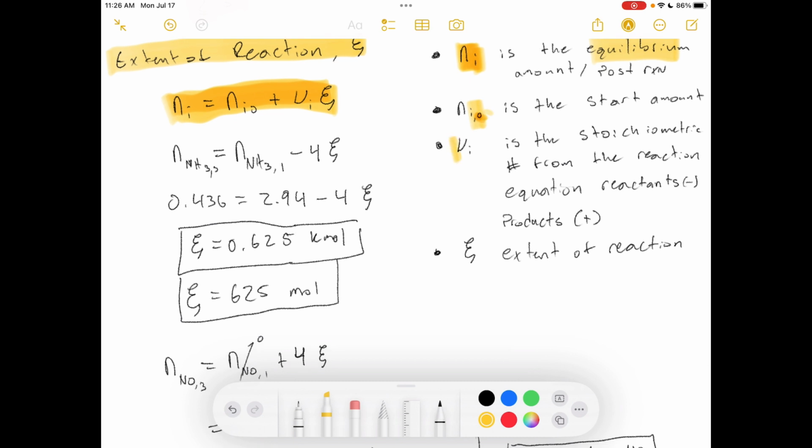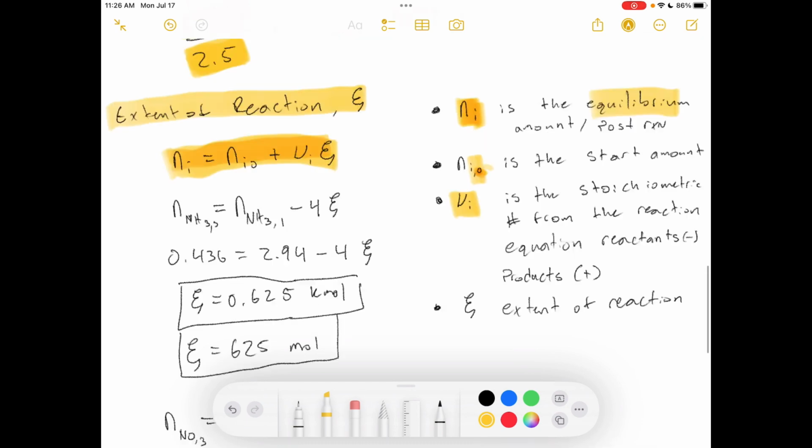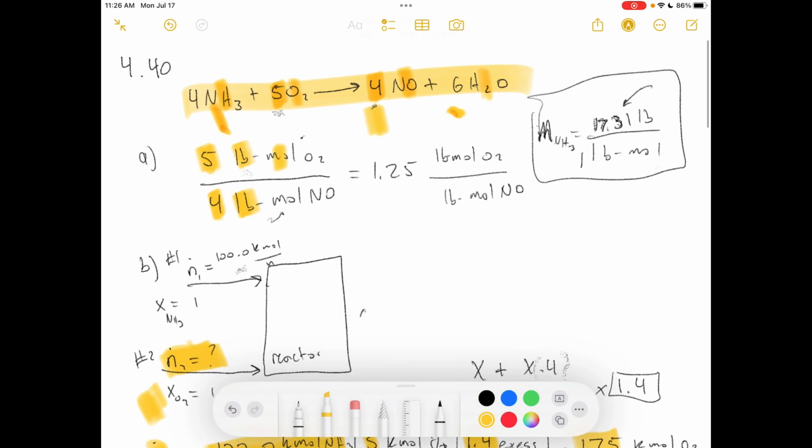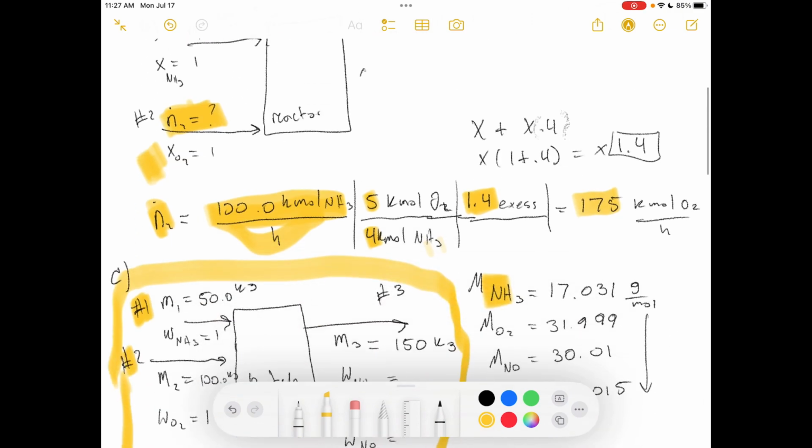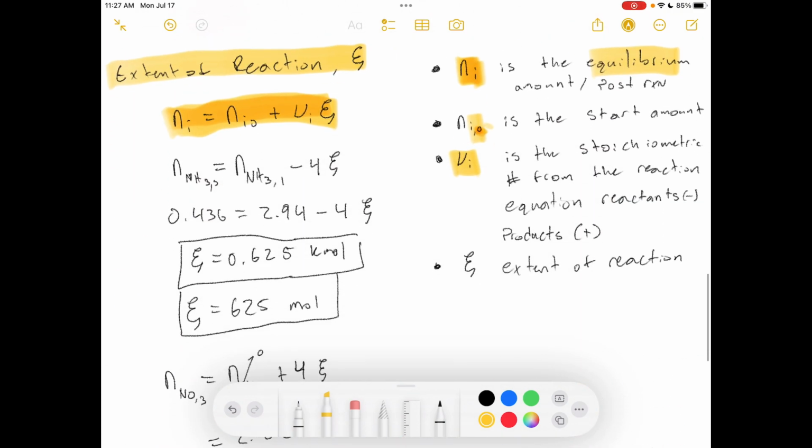Next, this is actually nu I, the Greek letter nu. I stands for these stoichiometric numbers: nu ammonia, nu oxygen, nu nitric oxide, nu water. It would be these numbers right here, the stoichiometric numbers.